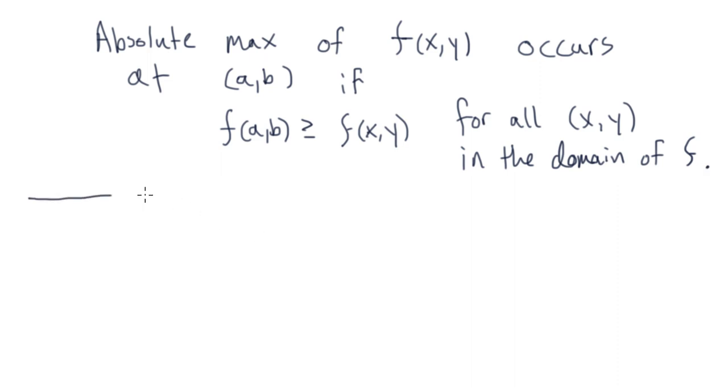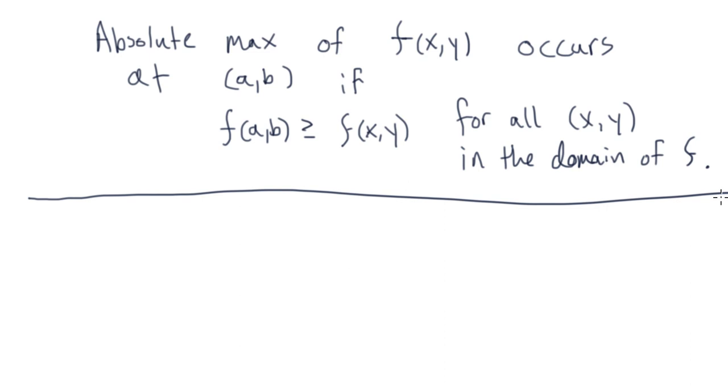So recall, we also had a nice tool in Calc 1 called the extreme value theorem. We know that there are examples of functions of one variable that do not have absolute maxima or absolute minima. However, if we were on a closed interval and the function was continuous, the extreme value theorem stated that f would actually have an absolute max and an absolute min.